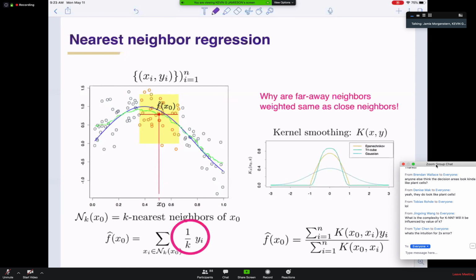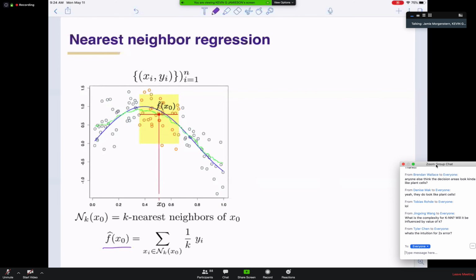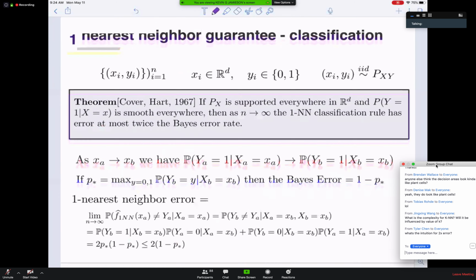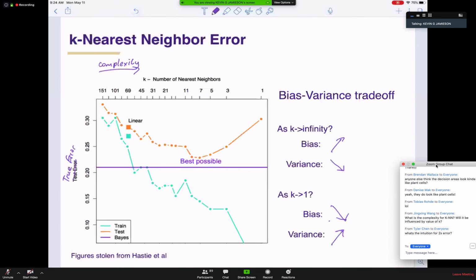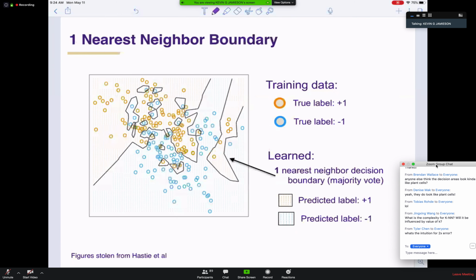One of the questions is asking about the complexity for k nearest neighbor and whether it's influenced by the value of k. Yeah, so that is this plot here. If I have one nearest neighbor, that's the most complex, because one nearest neighbor is going to fit every little nook and cranny of this data. It will always have the most complex decision boundary, and can learn sort of anything. The space of decision boundaries is very, very large.